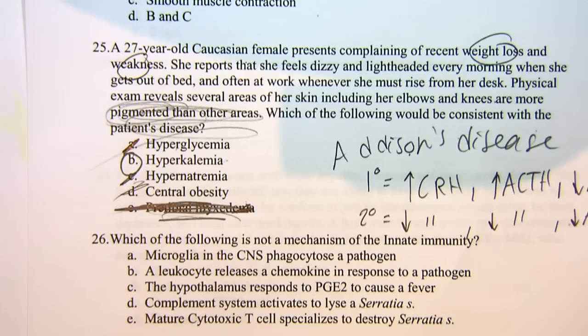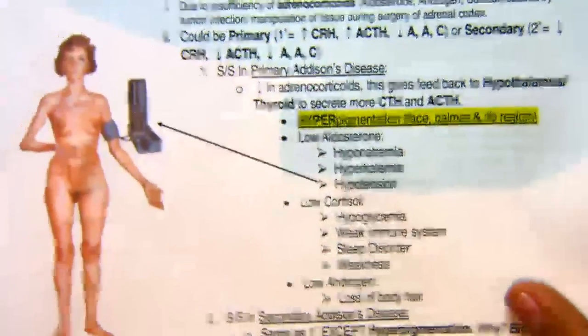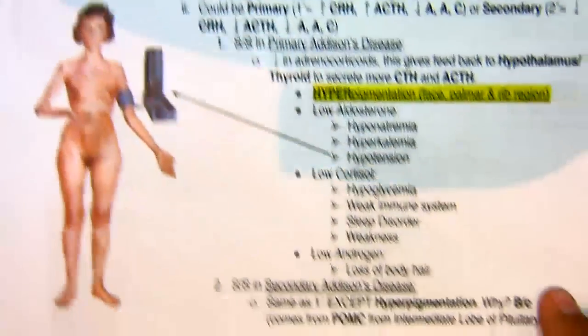I have no answer for you, but I just know from listening. POMC. According to the lecture, decreased MSH comes from POMC from the intermediate lobe of the pituitary gland. So this is the lady, poor lady.